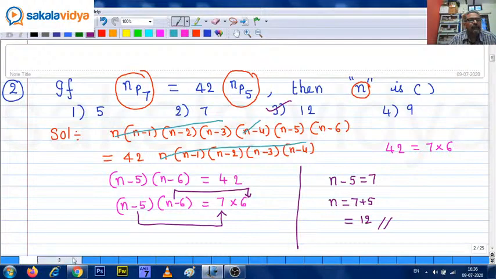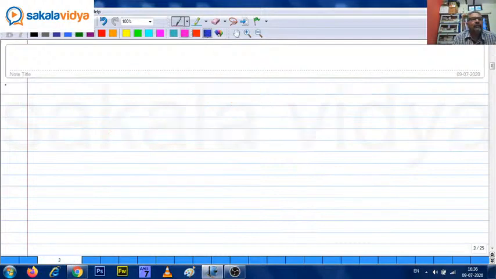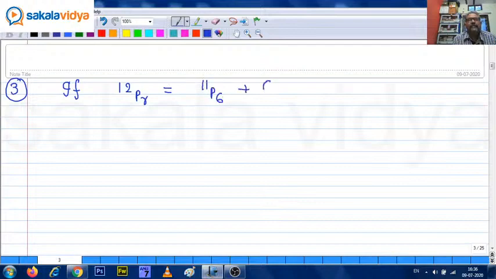Now let us go for the next problem. Third problem. If 12PR equals 11P6 plus 6 times 11P5, then R equals to?